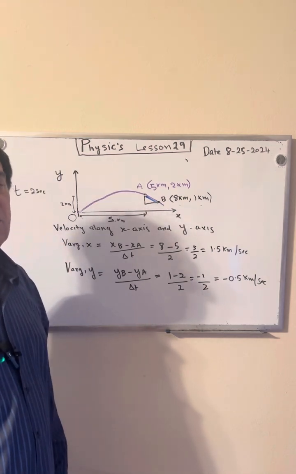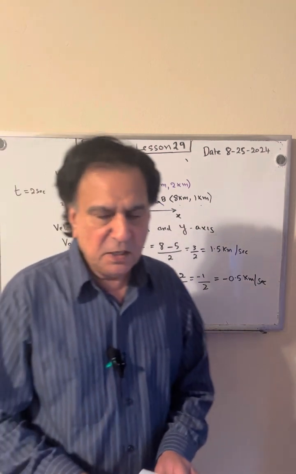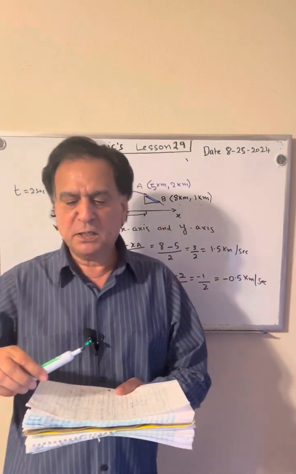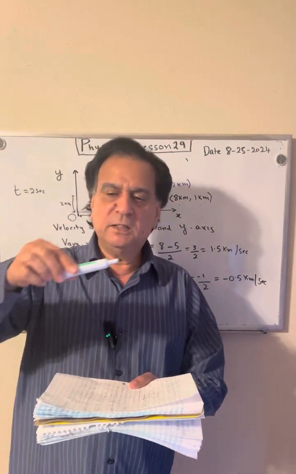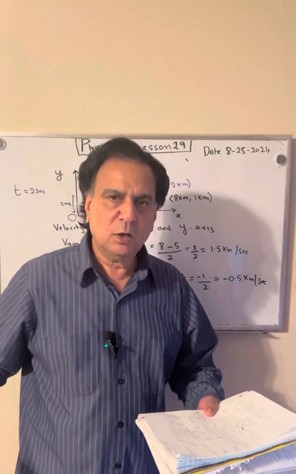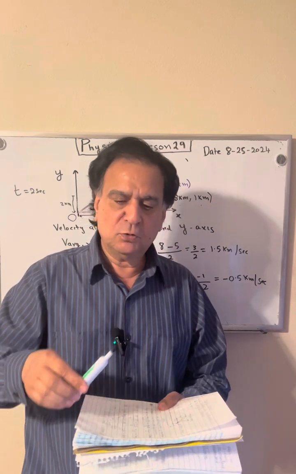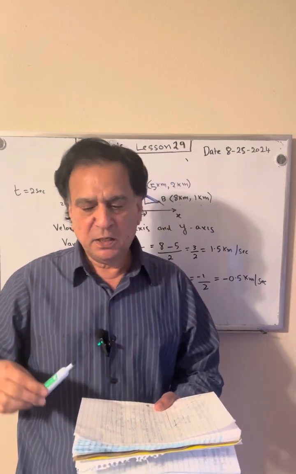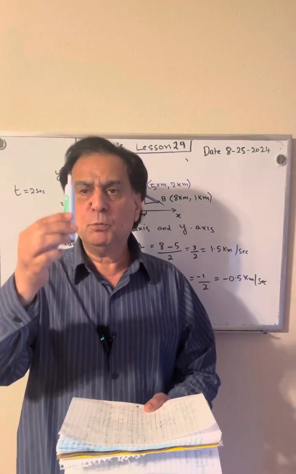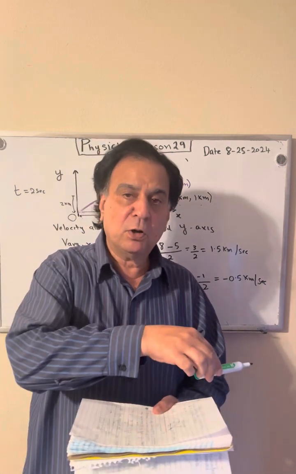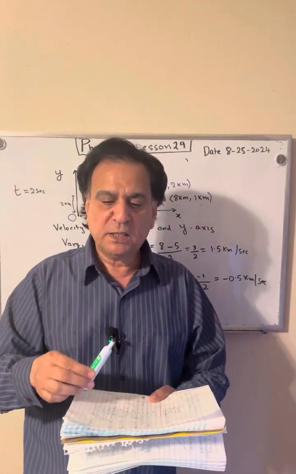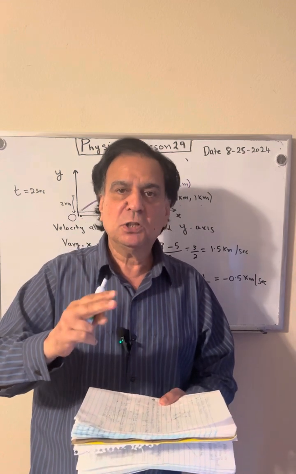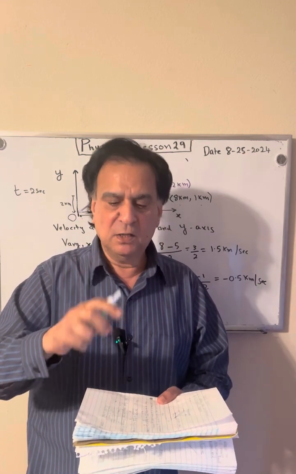velocity along y-axis, because anytime when you have a projectile motion which goes like this, when you toss a ball up in the air and it goes like this, there is a vertical push, and then there is a horizontal push, and the projectile motion is a combination of those two components.